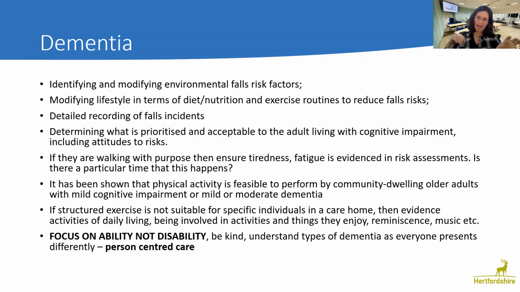If structured exercise is not suitable, I say it again, we evidence the activities of daily living. We look at activities that they enjoy, your reminiscence, your music, how we reduce the severity of injuries. And ultimately, we focus on person-centered care because we focus on ability, not disability.